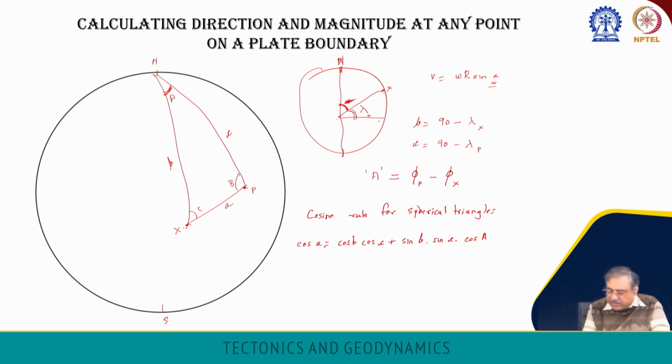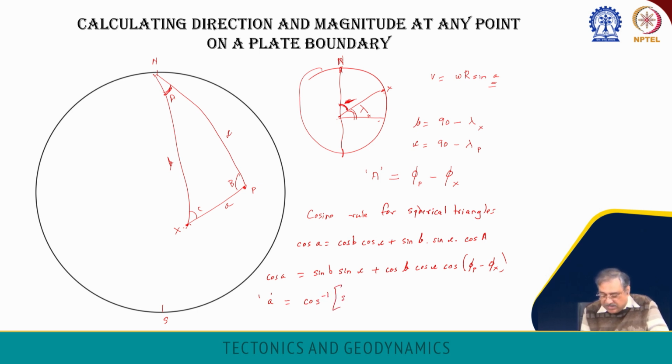Now in this particular case we can rewrite it, because cos of a would also be equal to, now b is equal to 90 minus lambda X, therefore cos of b can be rewritten as sine of lambda X. Similarly, cos of c can be rewritten as sine of lambda P. Plus sine of b would therefore become cos of lambda X, sine of c would become cos of lambda P, and cos of capital A would simply become cos of phi P minus phi X. And this small a, which is something that we wanted to find out, would be equal to the cos inverse of this value.